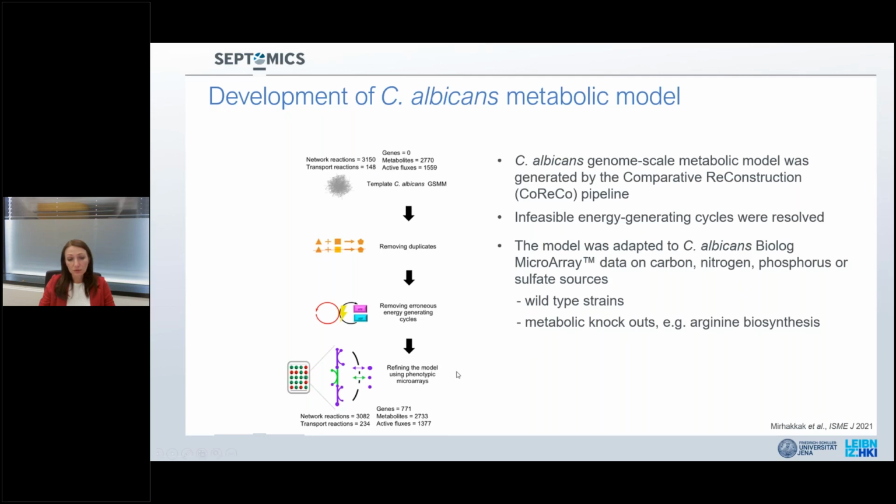With this model now they were able to achieve over 90% accuracy between the prediction model and the phenotypic microarray growth experiments, and this was done precisely for carbon, nitrogen, and sulfur sources. The model was limited to those compounds.